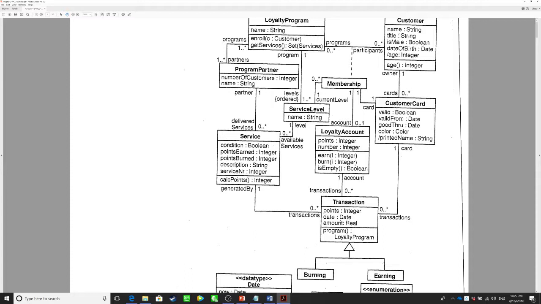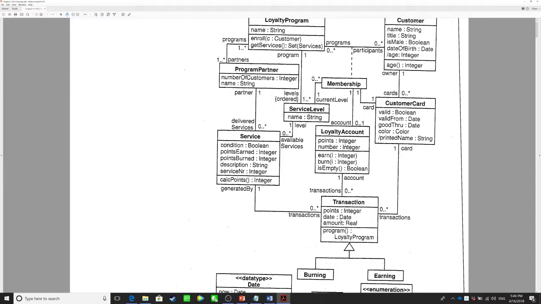Okay, that's fine. But in this service, there's no place for you to specify the rule, like what I just read. $1 for points. Can you do that in the class diagram? No. We have to do those kinds of things in OCL, right? With OCL.